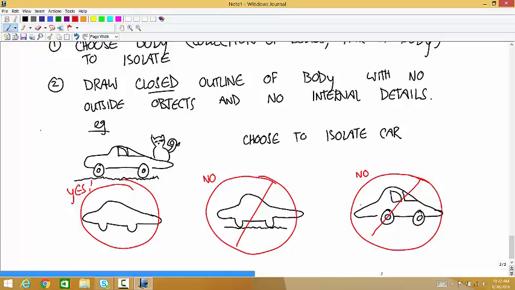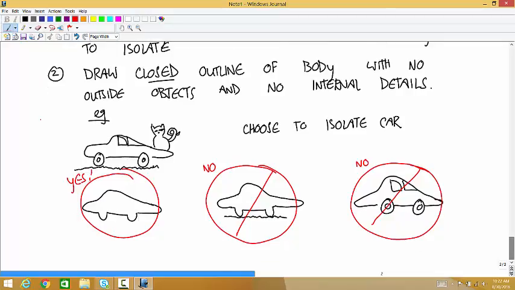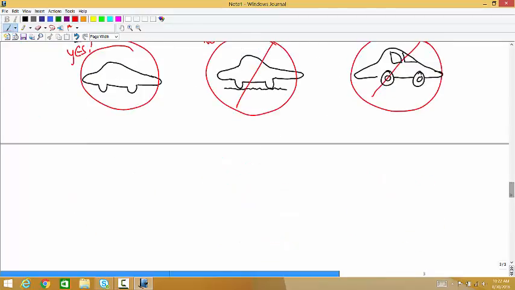The whole usefulness of a free body diagram is that it shows you the boundary that separates your chosen thing from the rest of the world. So all we want is that boundary. One more. Sometimes people do things like this.